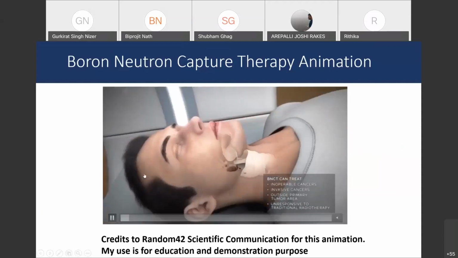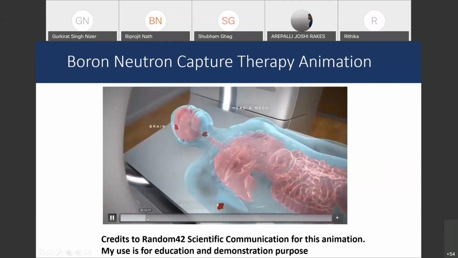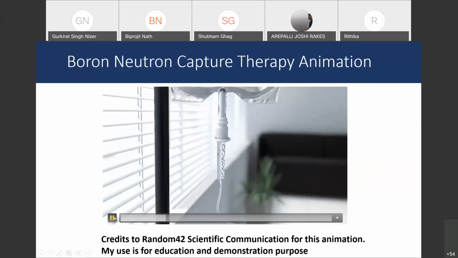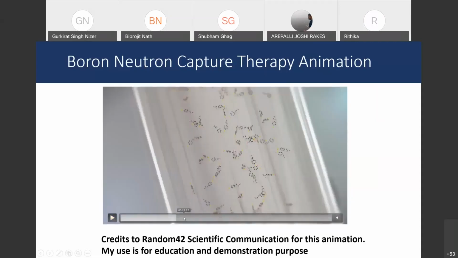So this BNCT is very important for treating inoperable cancer, also for invasive cancer, or for those cancers which do not respond to traditional radiation therapy. So what we do next basically is infuse a solution, and that's a special solution because it contains boron 10 along with an amino acid.